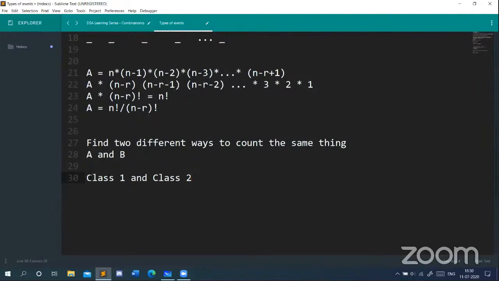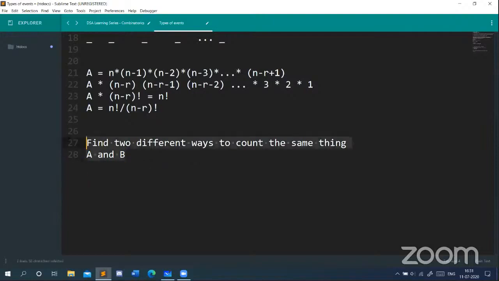And if this is true for all roll numbers, and every roll number of class 1 has exactly one roll number in class 2, and that is true the other way also, that every roll number in class 2 has exactly one matching roll number in class 1, then they'll have the same cardinality. That is to say, they'll have the same number of students, right?